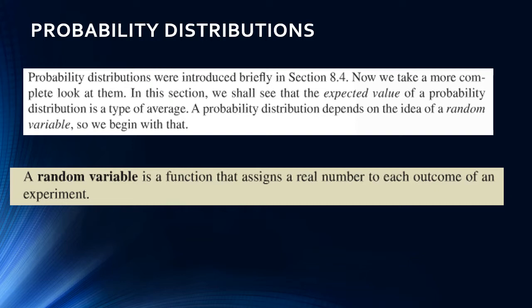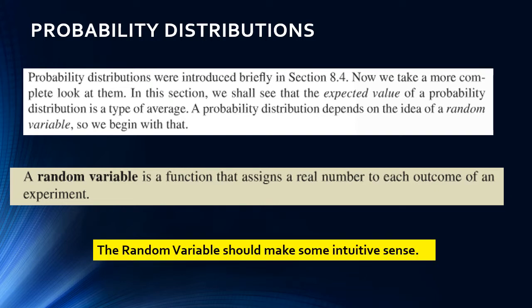Before, we just said that the outcome was that you flip a coin and you get a head or a tail. Now we have to assign a number to that outcome, not just saying it's one head or two heads. We have to figure out a number that we can apply to that, and it should make some intuitive sense.